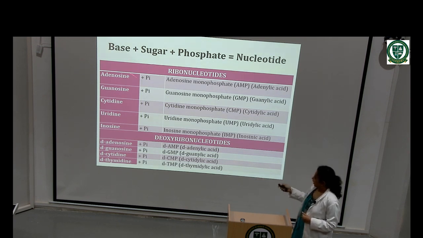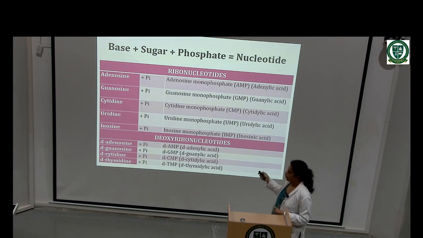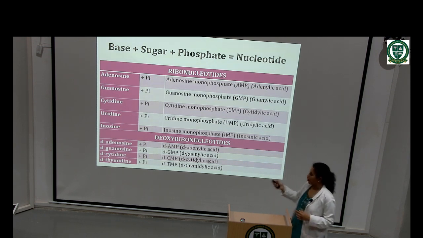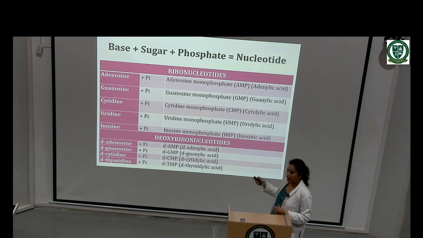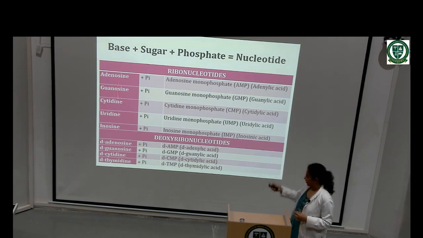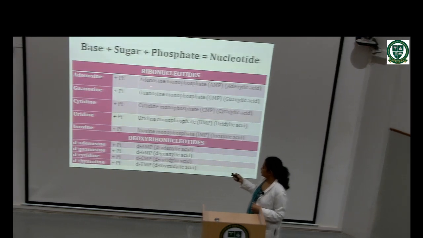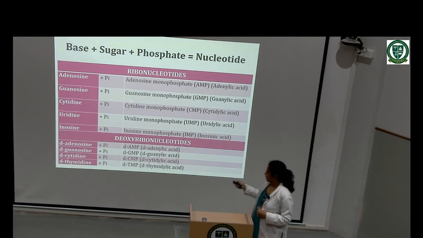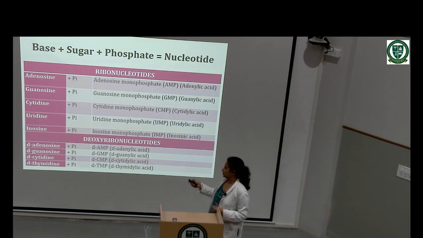So adenosine, when it combines with phosphate, forms adenosine monophosphate. It can also form diphosphate and triphosphate forms depending upon the needs of the body. So the simplest nucleotides are the monophosphates of various nucleosides. So AMP, adenosine monophosphate, GMP, CMP, UMP and TMP are the simplest nucleotides in nature.